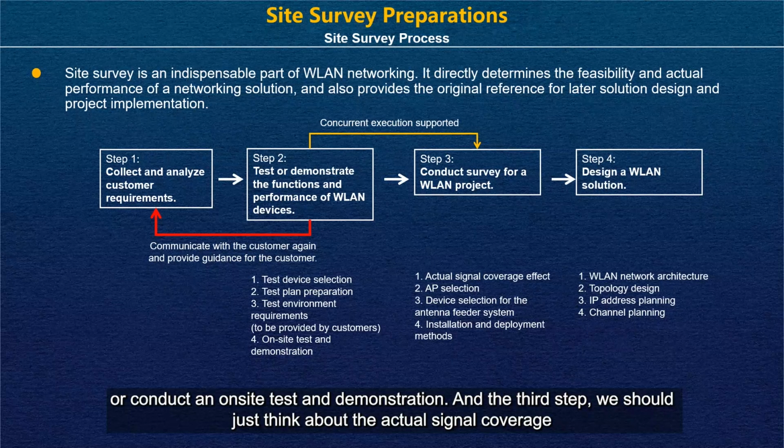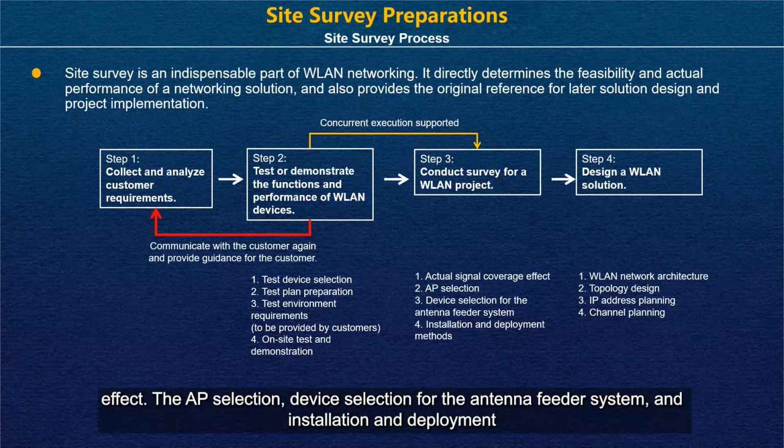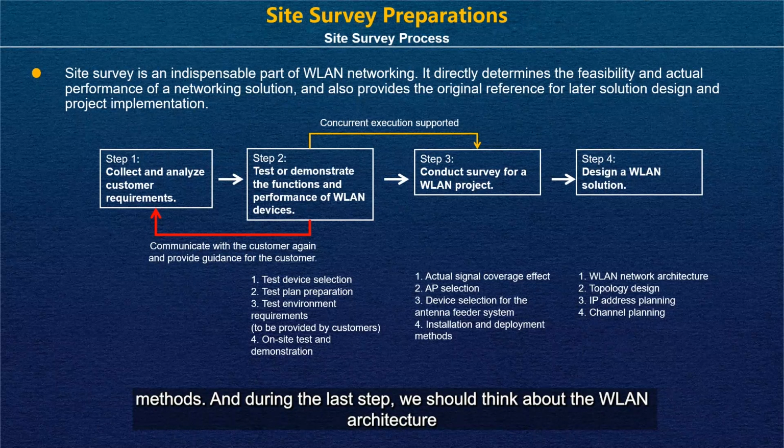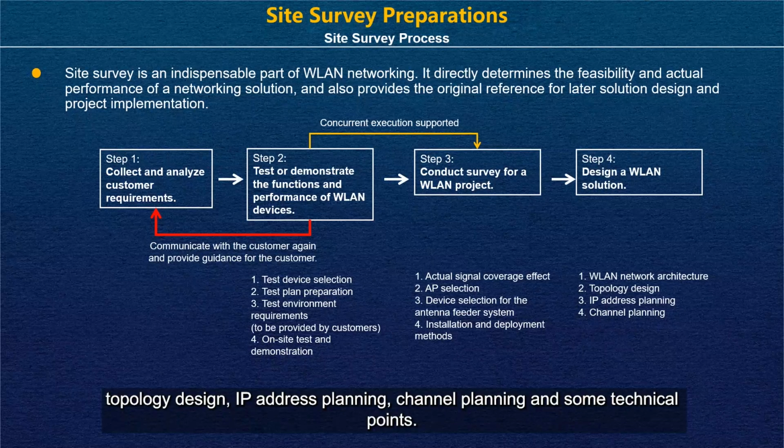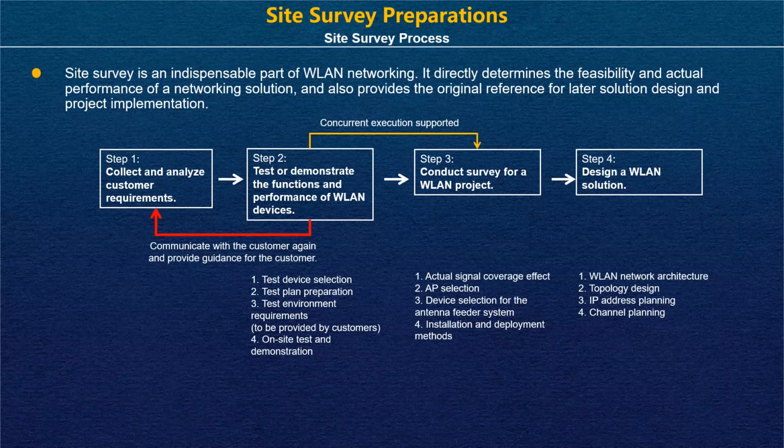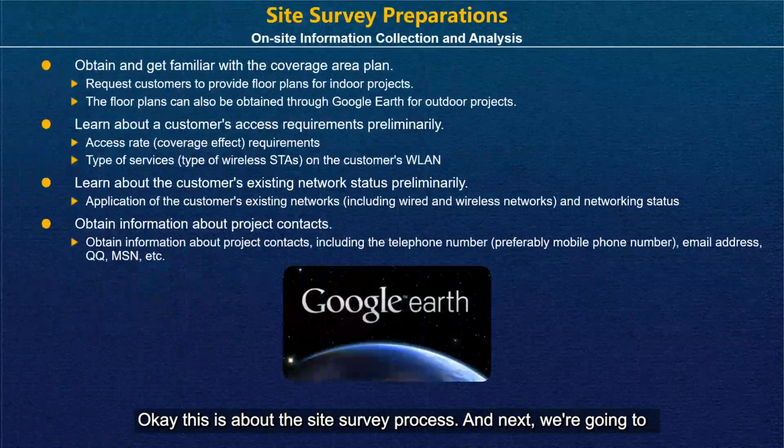And the third step, we should think about the actual signal coverage effect, the AP selection, device selection for the antenna feeder system, and installation deployment methods. And during the last step, we should think about the WLAN network architecture, the topology design, IP address planning, channel planning, and some technical points. Okay, this is about the site survey process.